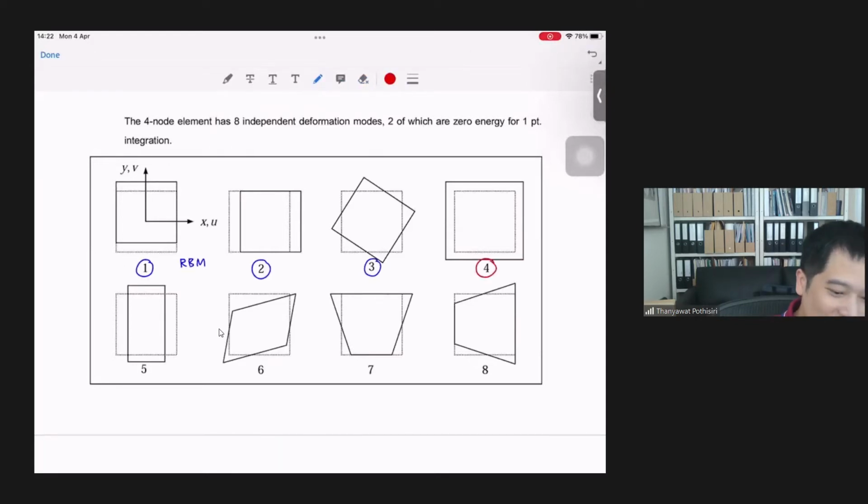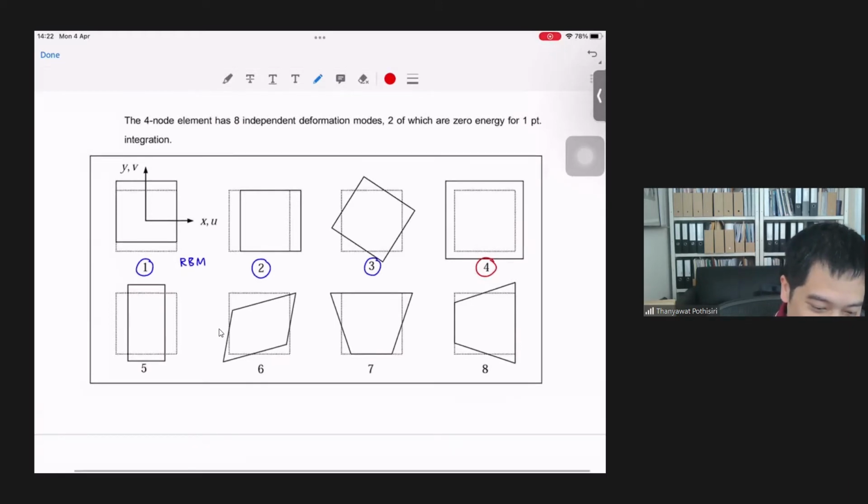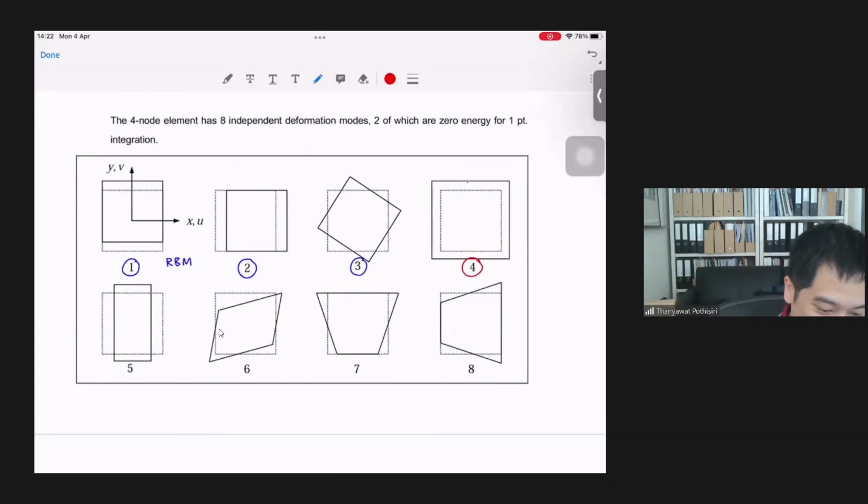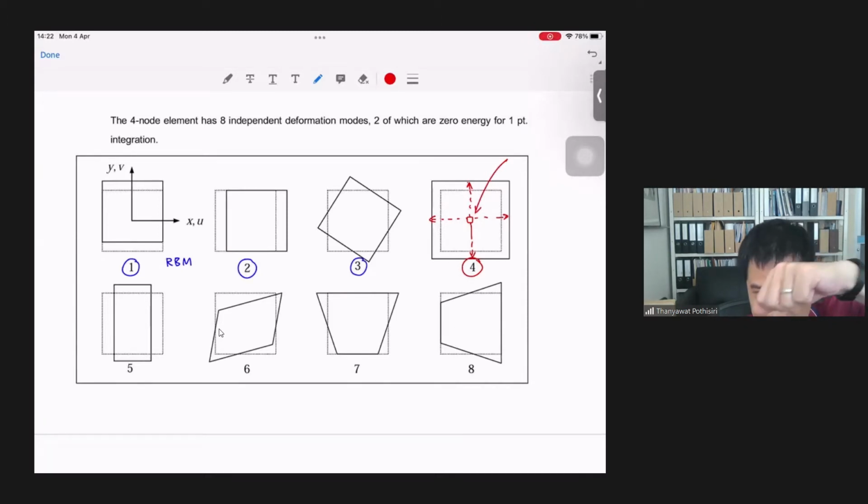If you look at number 4, you see that in this case you have simple expansion in both directions, right? So if you use 1-point rule, then the strain at this point would be non-zero, right? Because at this point you see that you have extension in both directions.